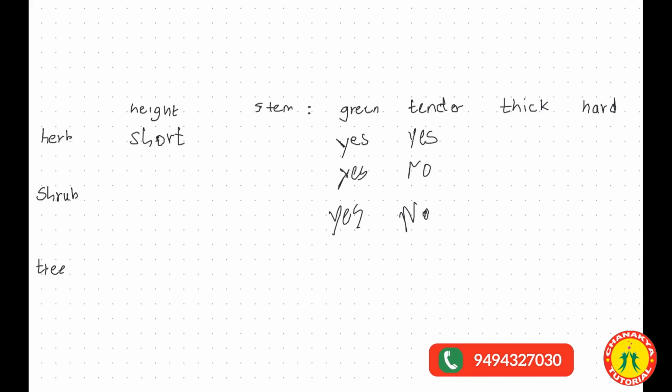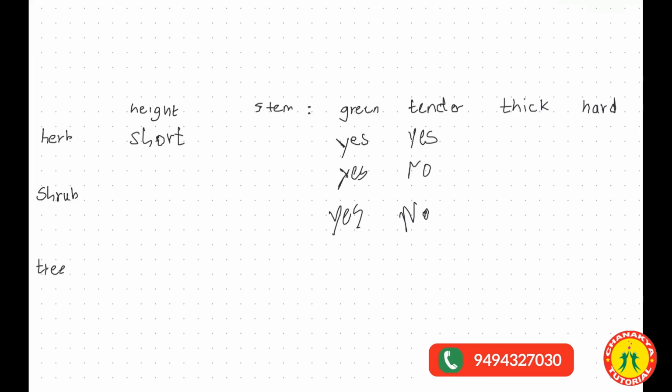Okay. So now hard. Are the stems of the herbs hard? Yes, raise your hand. No, raise your hand. Ma'am, can you repeat the question? The stems of the herbs are hard or not?